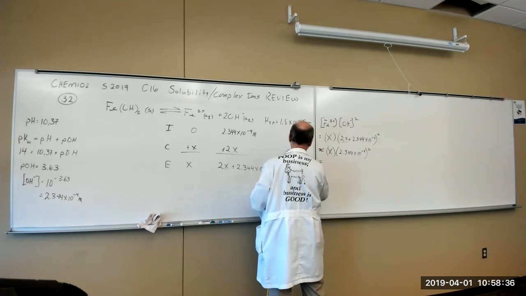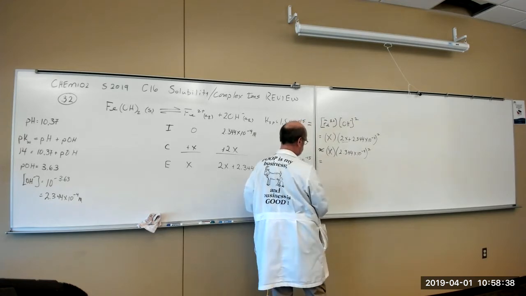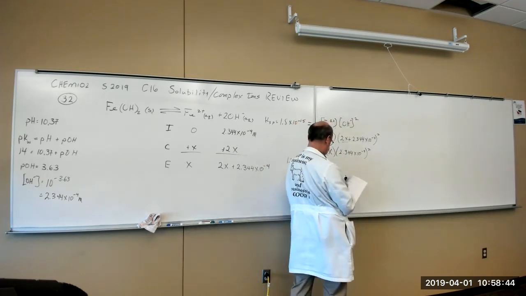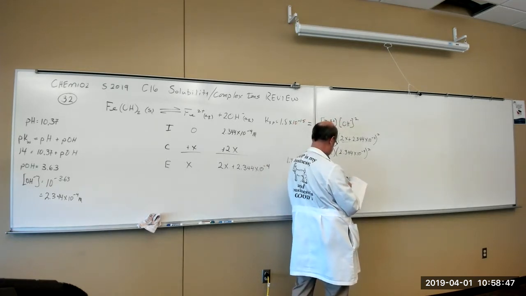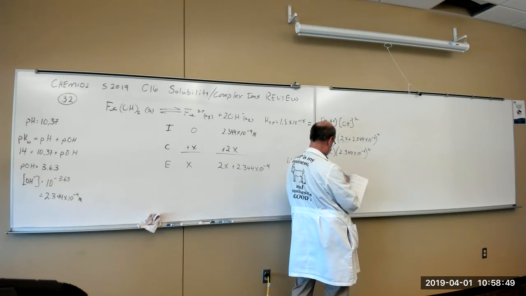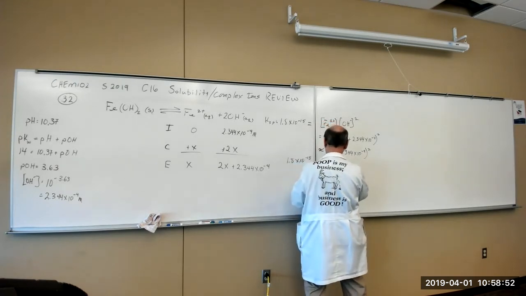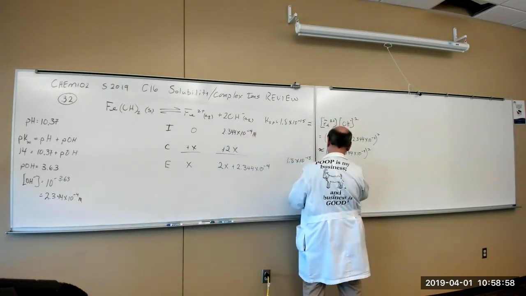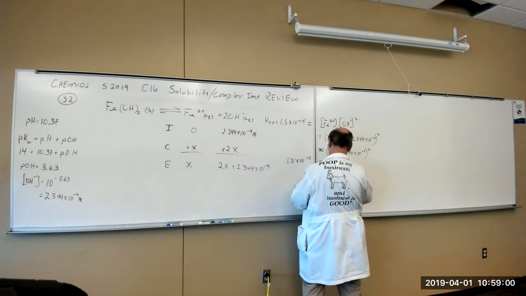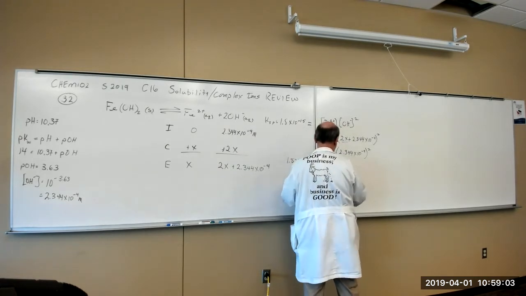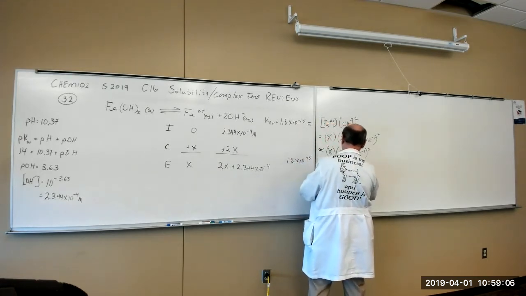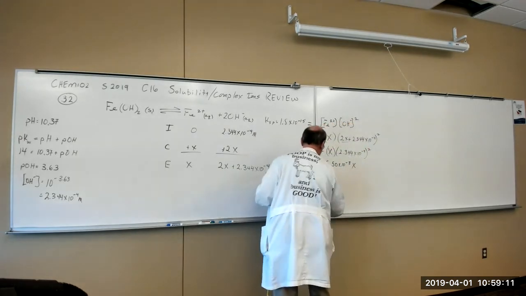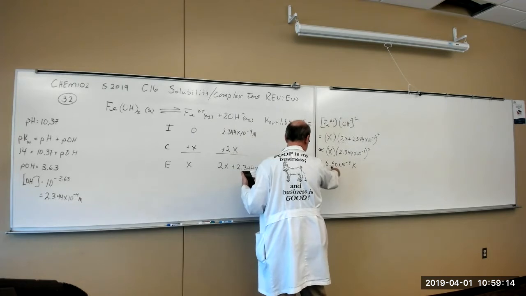So 1.8 times 10 to the minus 15 is equal to this value. Let me square it. This would be 5.50 times 10 to the minus 8 x. So x is equal to this divided by that.